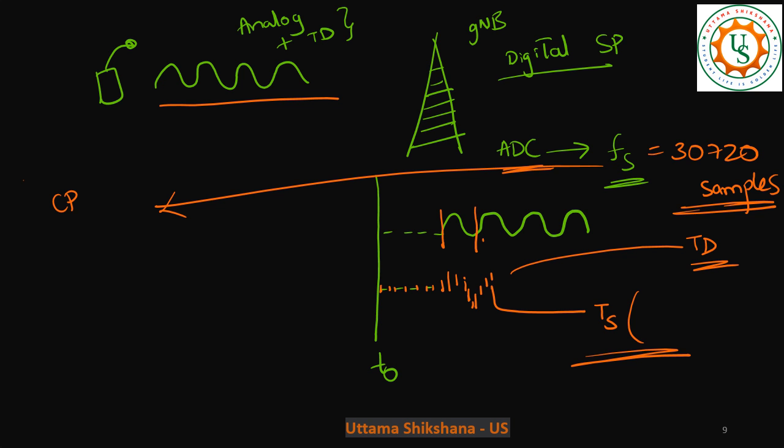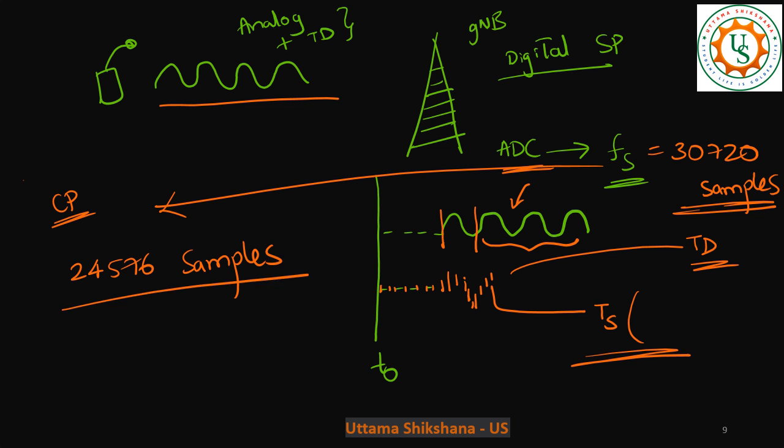If we take only the part where the actual PRACH sequence is, that much is sufficient. So after removing the cyclic prefix from these 30720, the main PRACH signal has 24576 samples. Let me quickly verify that, 24576. Yeah, that is correct. So these many samples we will take for processing.